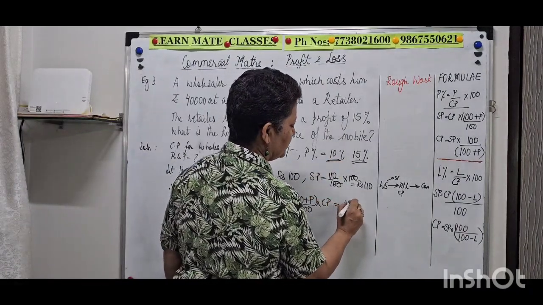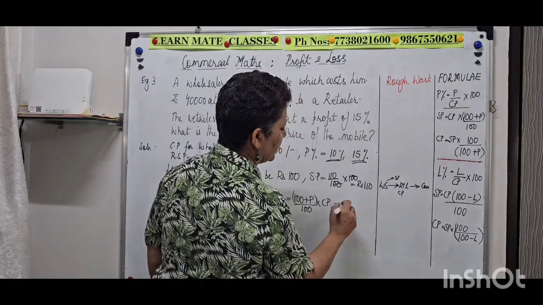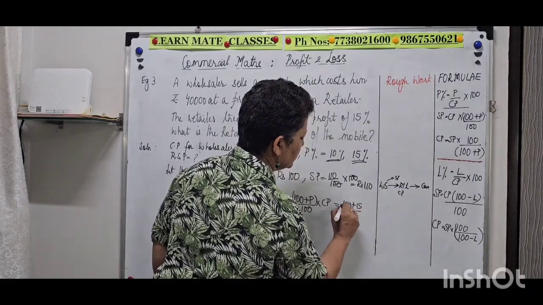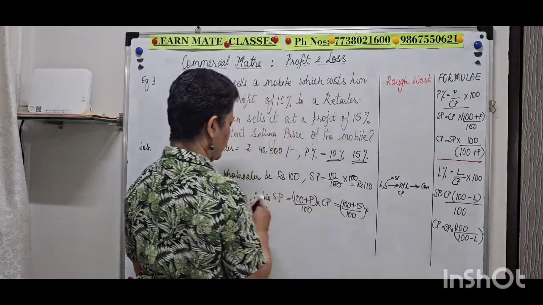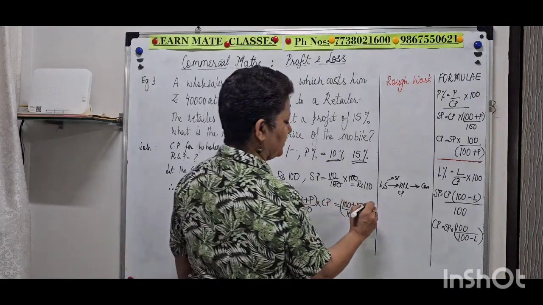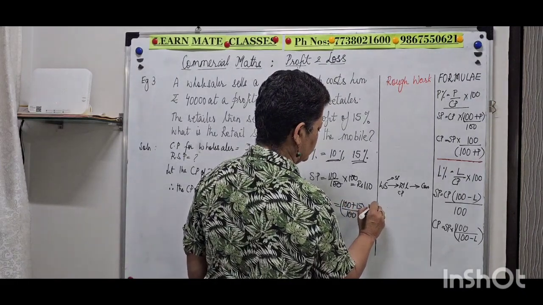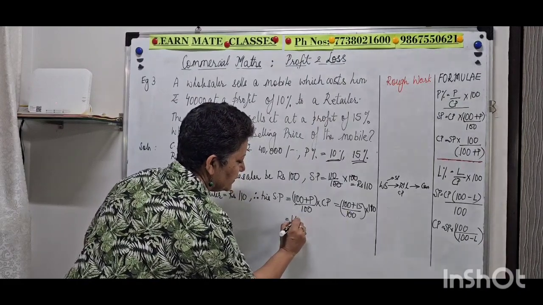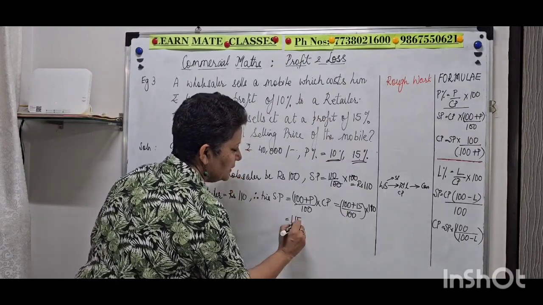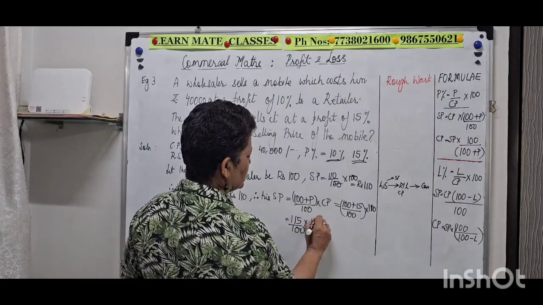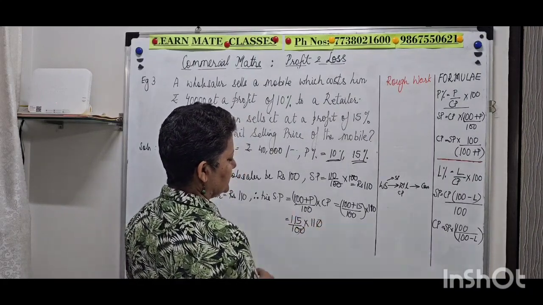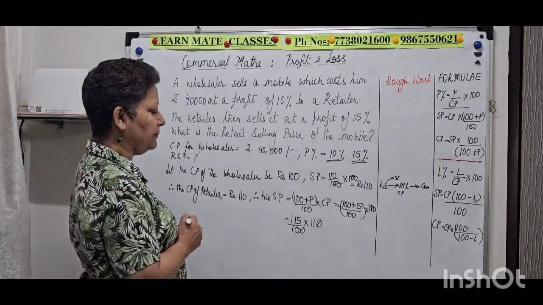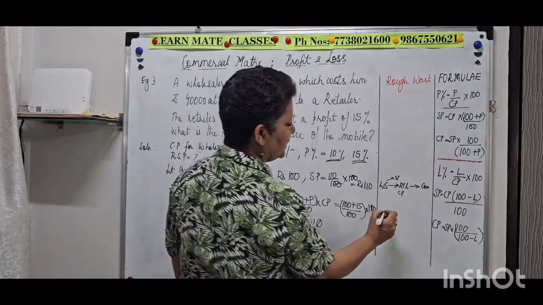I'll write that in two steps: 100 plus 15 upon 100 into the cost price, which in this case is 110. So this becomes 100 plus 15, which is 115, upon 100 into 110. This and this cancel. So what am I left with? The selling price for him actually becomes 115 into 11.